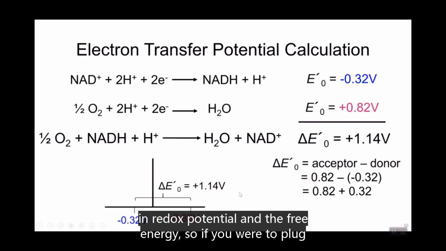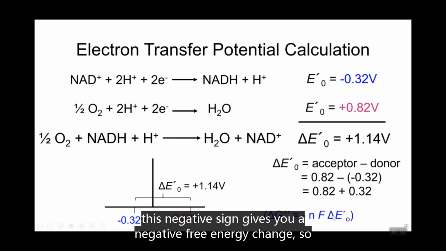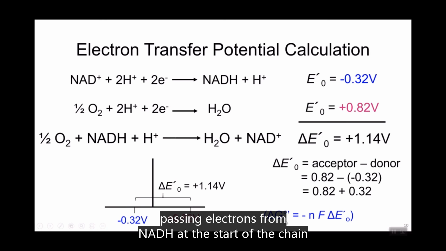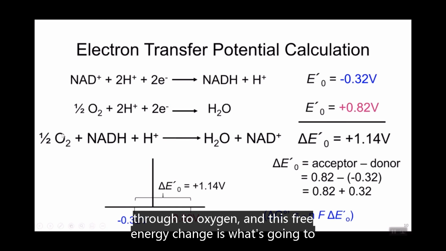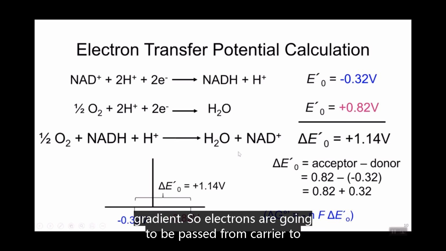So if you were to plug in plus 1.14 volts into this equation, you should see that this negative sign gives you a negative free energy change, so it is a favorable process. Passing electrons from NADH at the start of the chain through to oxygen, and this free energy change is what's going to drive the conformational change in the complexes to pump protons across their concentration gradient.